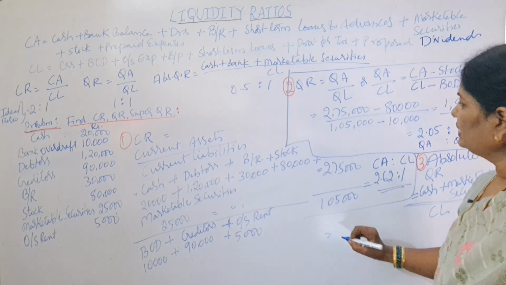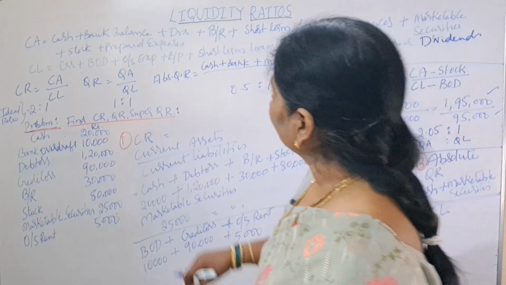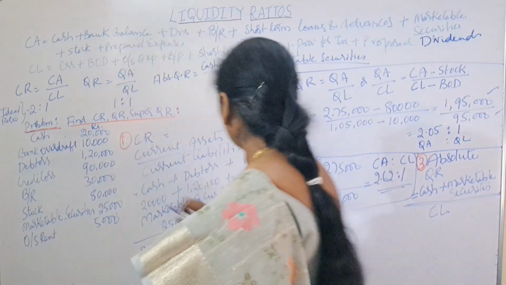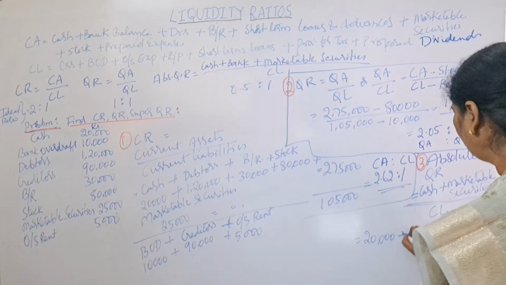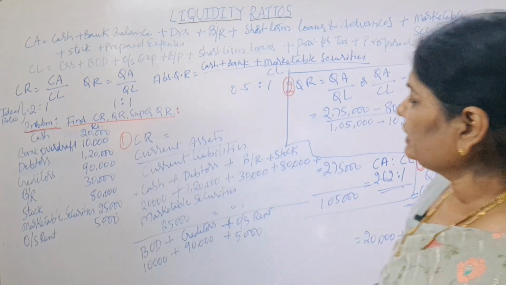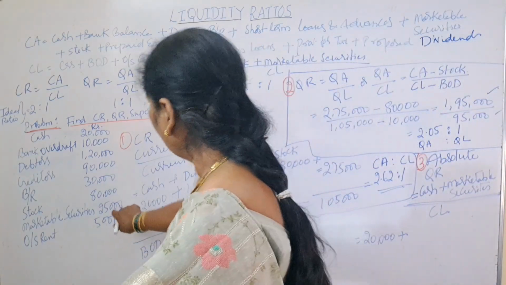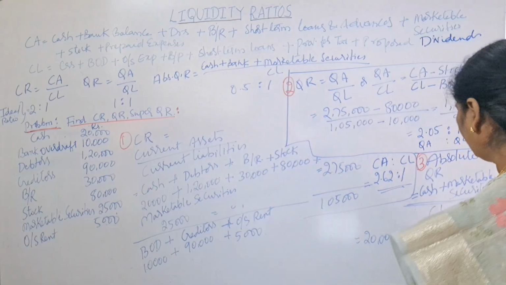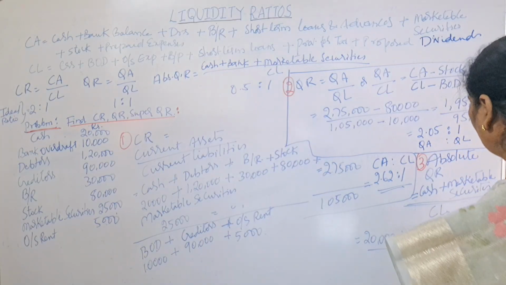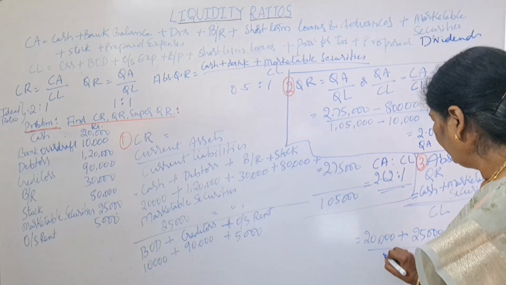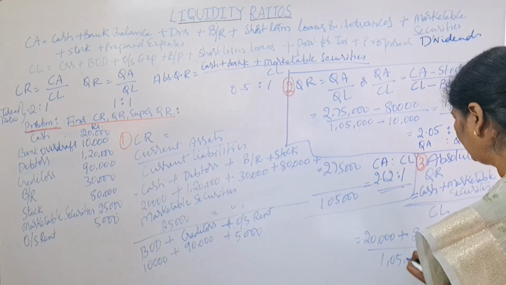So now see what is our cash amount? 20,000. So 20,000 plus what is our marketable securities amount? 25,000. So 20,000 plus 25,000 divided by what is our current liabilities total? 1 lakh 5,000.